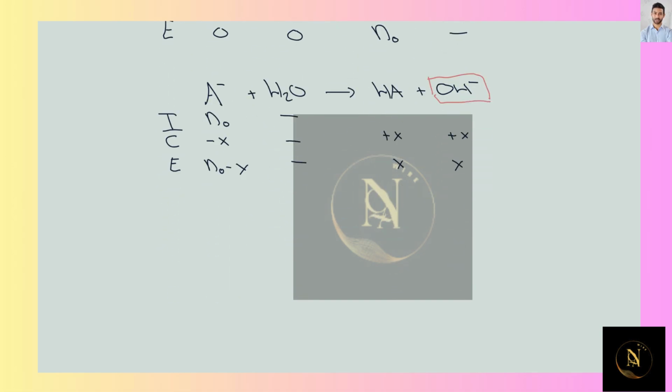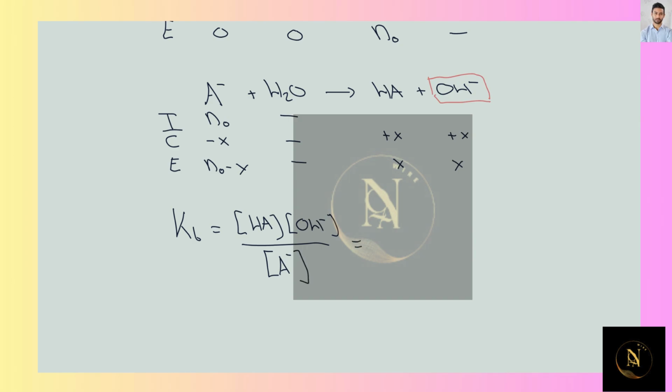Now, this reaction corresponds to the Kb of the weak acid, or of the conjugate base, however you want to look at it. By definition, this is the concentration of HA times the concentration of OH minus divided by the concentration of A minus.